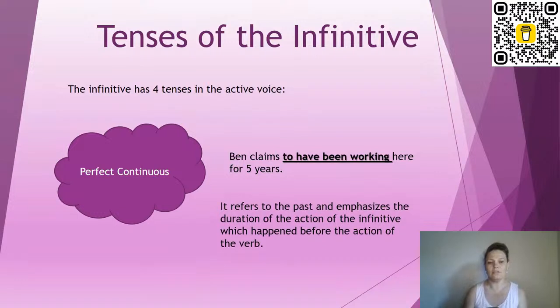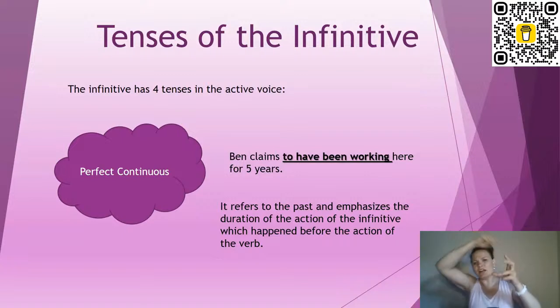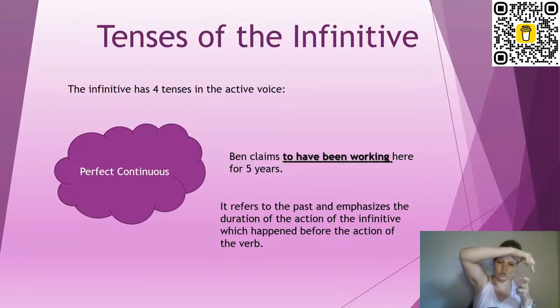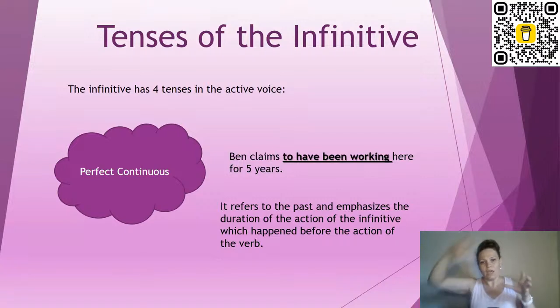Here the infinitive refers to the past also and emphasizes the duration of the action of the infinitive, which happened before the action of the verb. So he claims now that he started working 5 years ago and still works. Claims to have been working here for 5 years. So these are the main tenses of the infinitive in the active voice.